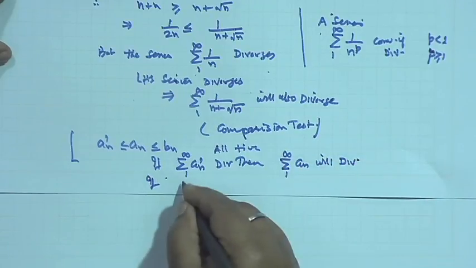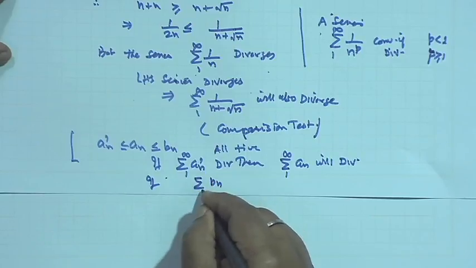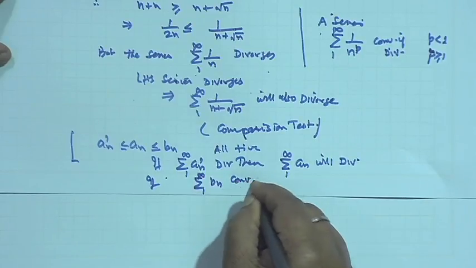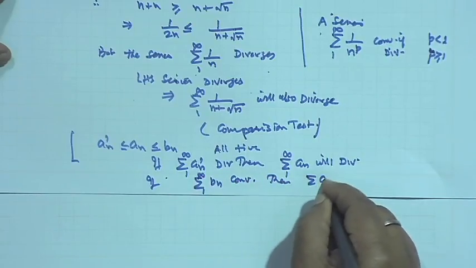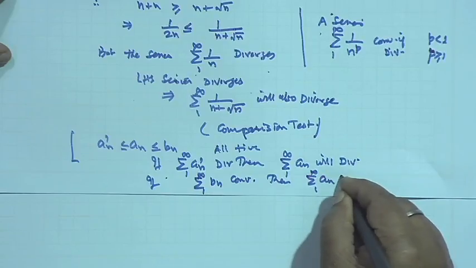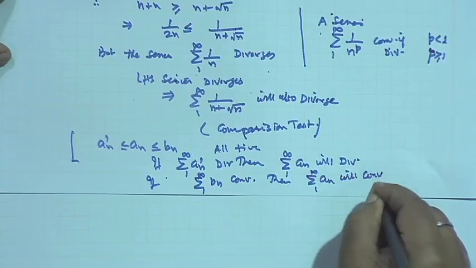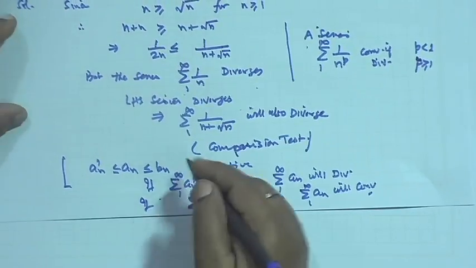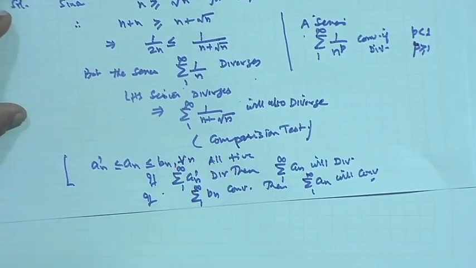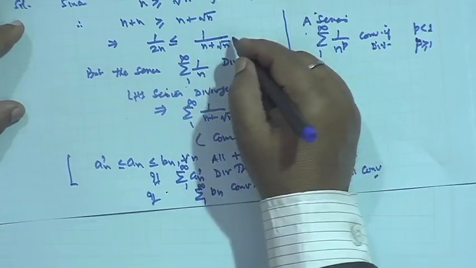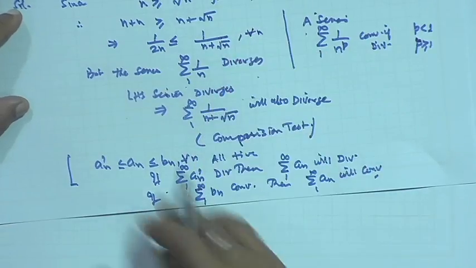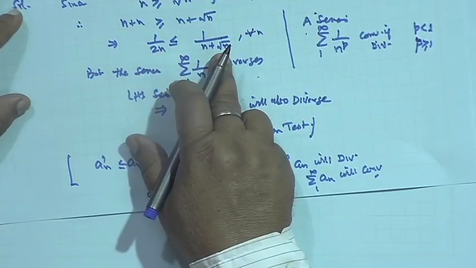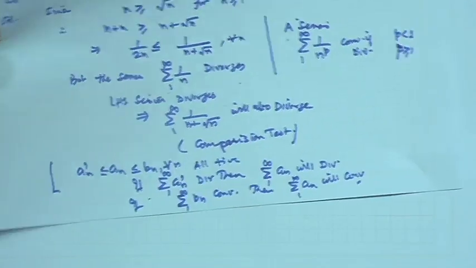If the series sigma b n, 1 to infinity, converges, then sigma of a n will converge. So, this test is known as the comparison test, but this should be true for every n, not for a few. Because this is true for all n, this is diverging implies this series will diverge correspondingly. Okay.